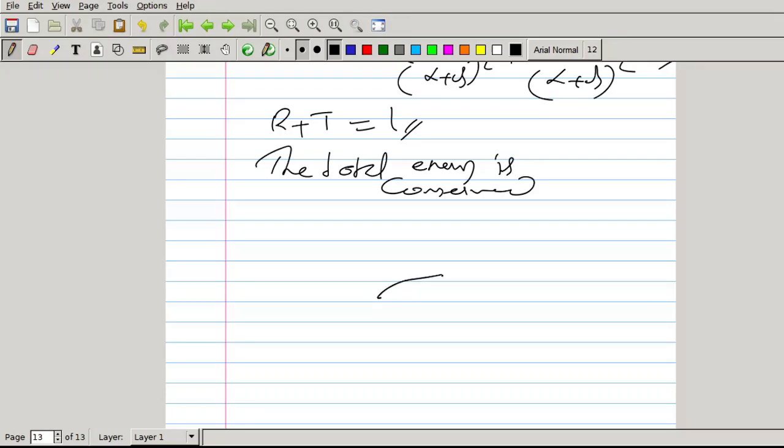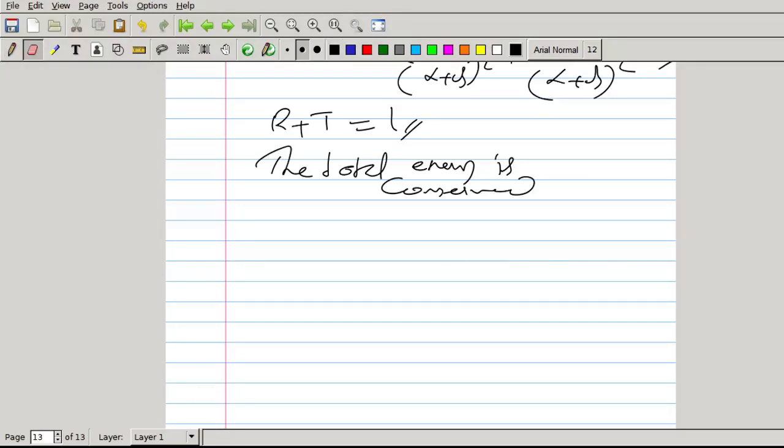So we can obtain all the relations that you have studied in the case of optics using the theory of electromagnetic waves. One more thing I forgot. We need to draw the variation of the reflection and the transmission coefficient. That also we will draw here.